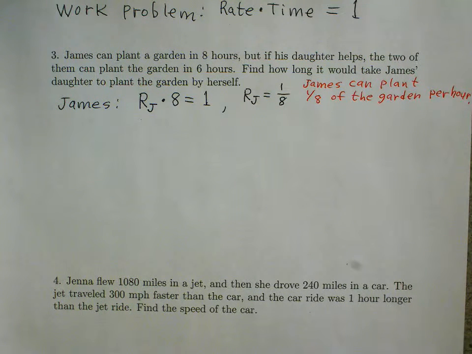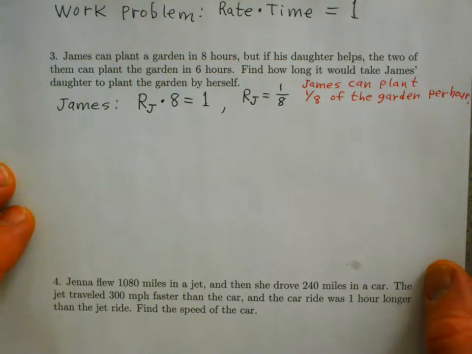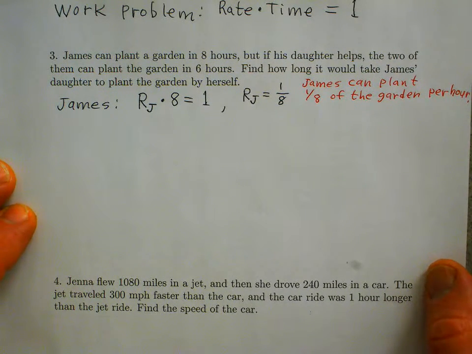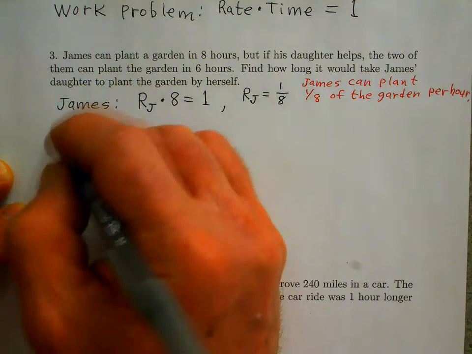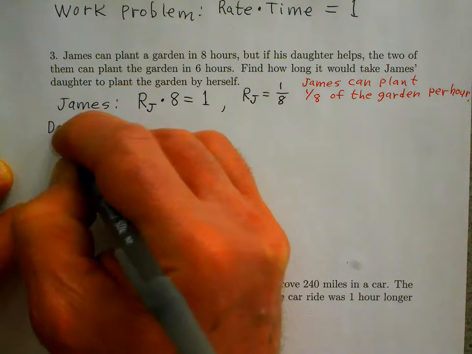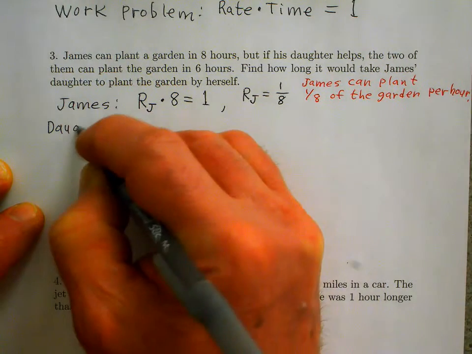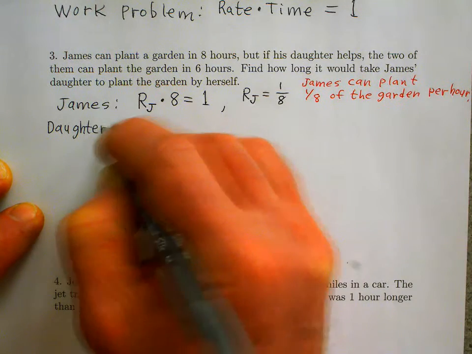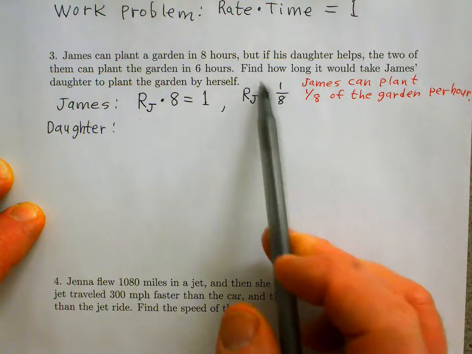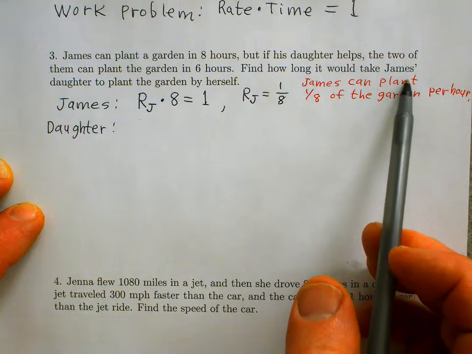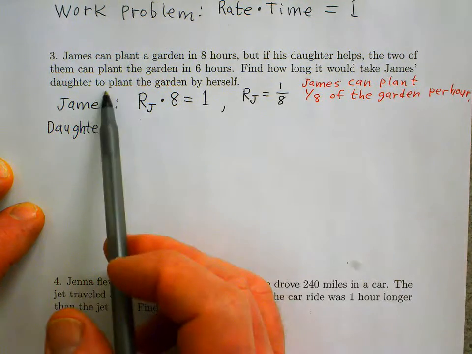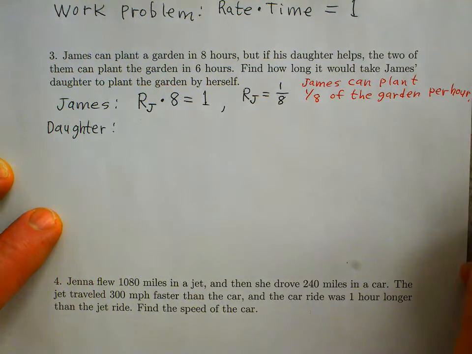Now, if his daughter helps, the two of them can plant the garden in 6 hours. So let's write an equation for the daughter, rate times time equals 1. We're supposed to find how long it would take James's daughter to plant the garden by herself.